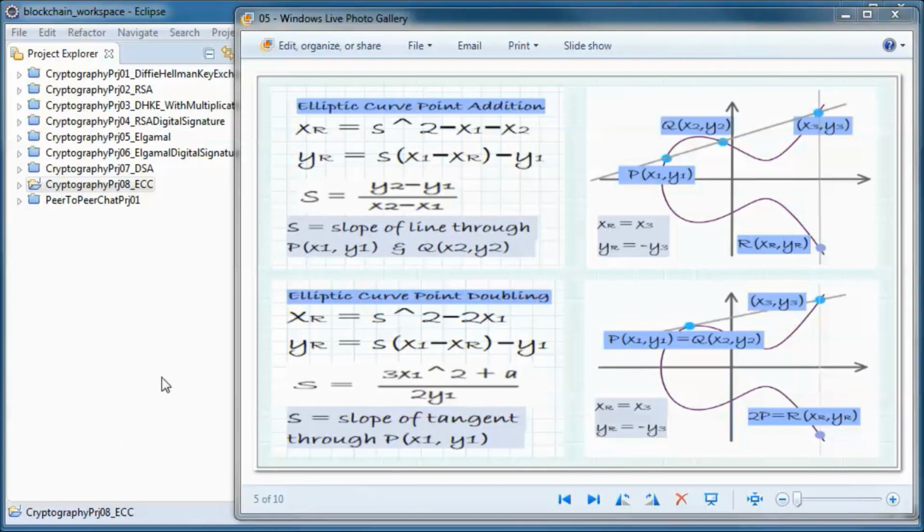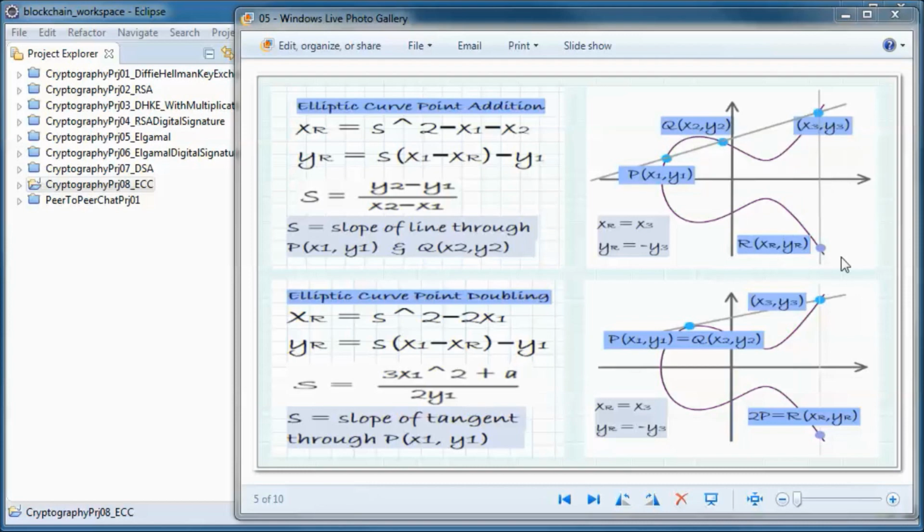Now those are the equations for elliptic curve point addition and elliptic curve point doubling, and I derived those equations in a previous quick tutorial. So we want to add the 2 points P and Q, with P having coordinates x1, y1, and Q having coordinates x2, y2.